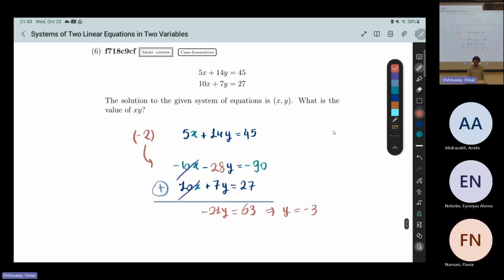And if y is equal to -3, then I can just plug in -3 in here. So I get 7 times -3. So it's -21. So 10x minus 21 is 27.